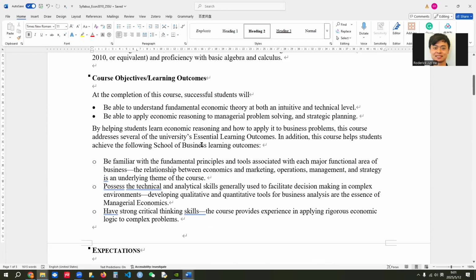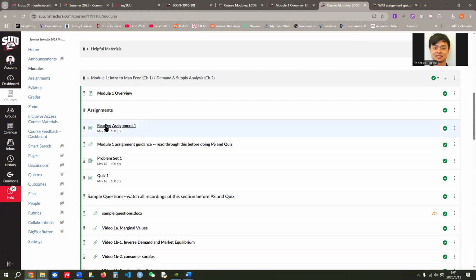And how do we realize that? The first one is to train you to be familiarized with fundamental principles and tools associated with each major functional area of business. And how we do that is through reading assignments. So for each week, you're going to have a reading assignment, a problem set, and a quiz. For the problem set, you have 3 attempts.